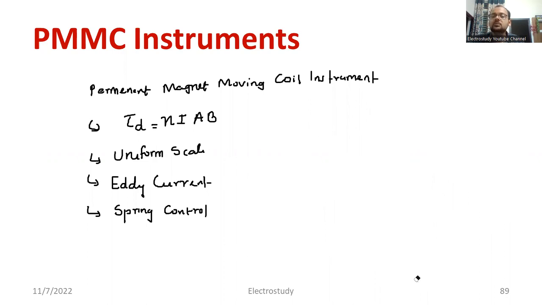If I want to convert PMMC into ammeter, I need to use a shunt resistance which should have a smaller value. And how to calculate deflecting torque, what type of scale, what type of damping is employed, and ultimately what control is used in the PMMC instrument. These are the topics required for solving the numerical examples.